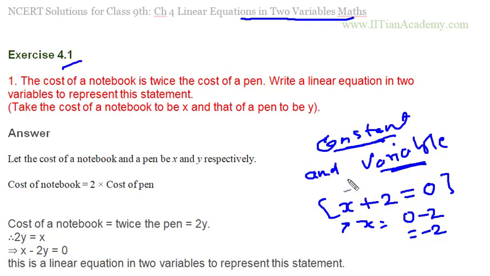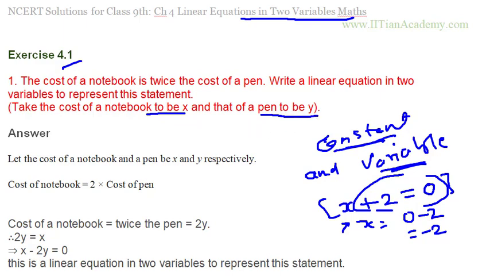Here we have to find something similar when a statement is given. So what is the statement? The cost of a notebook is twice the cost of a pen. Write a linear equation in two variables to represent this statement, and then it says take the cost of a notebook to be x and the cost of a pen to be y.